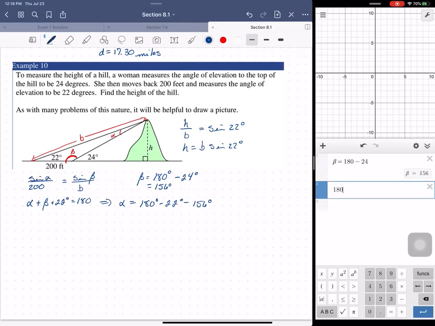So I've got 180 minus 22 minus beta. Oh, alpha is only 2 degrees, but that's okay.